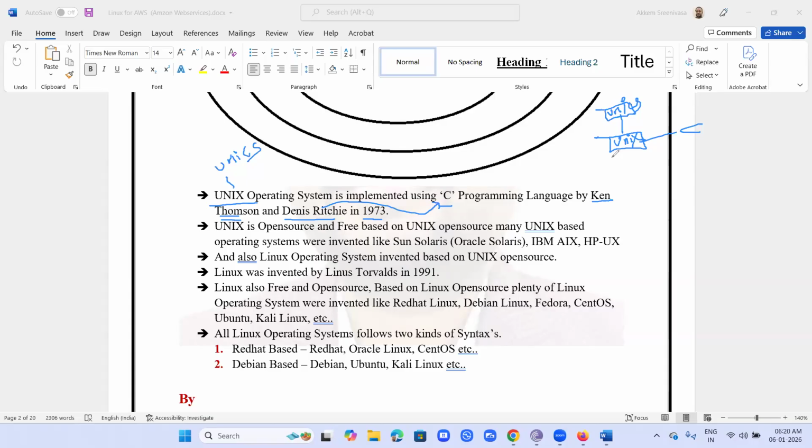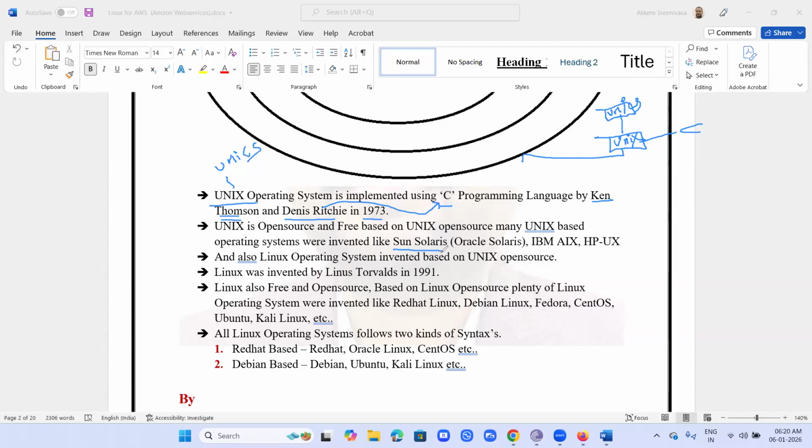Based on this free and open source system, plenty of operating systems were developed, like Sun Solaris, the most powerful operating system. It was acquired by Oracle. Now we are seeing Oracle Solaris.